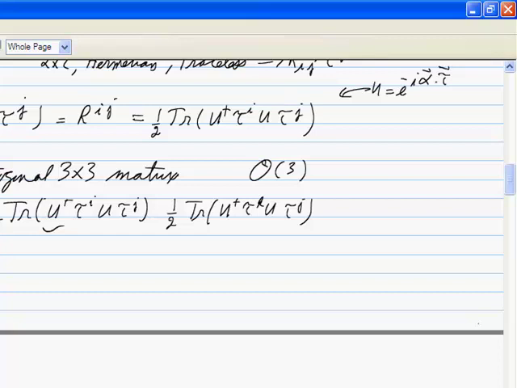Now, at this stage, I'm going to write this term here as U dagger tau_I U_BA tau_J A B, and this one as U dagger tau_K U_DC tau_J C D. So the trace is summing over the indices in that way.